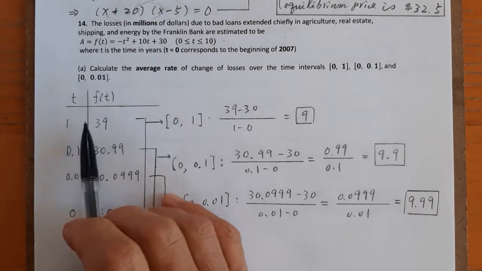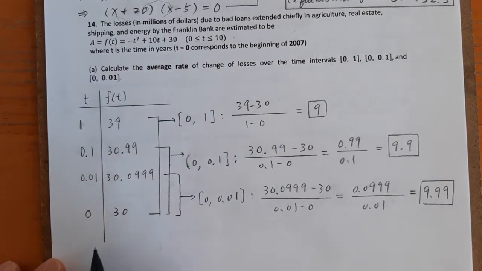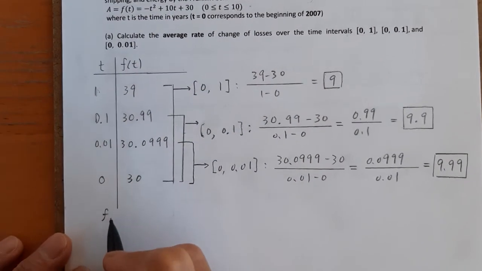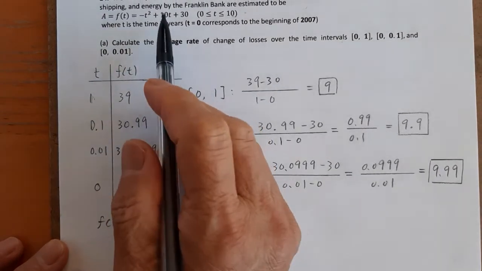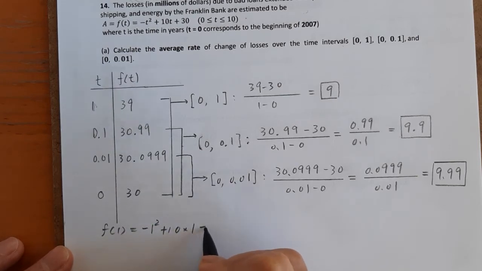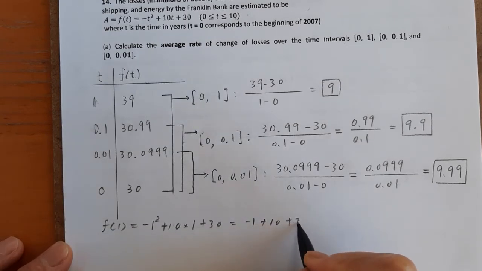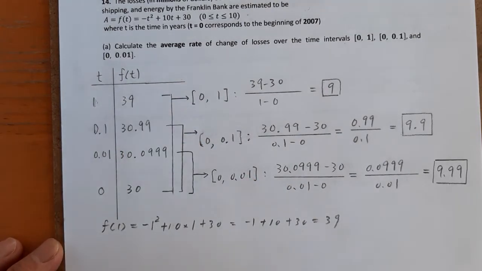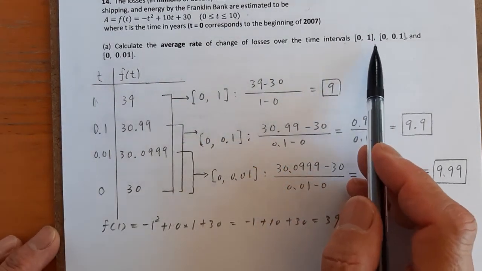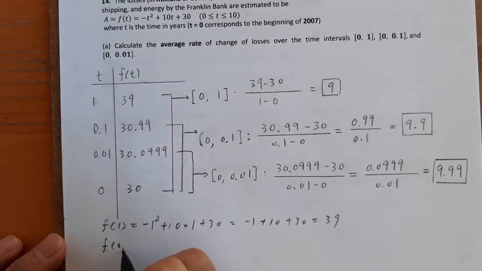So we have to figure out, when t equals 1, you plug it in. When t equals 1, you figure out f of 1 by plugging it into this function. So it's going to be negative 1 squared plus 10 times 1 plus 30. So it's negative 1 plus 10 plus 30. So it's 39. Then let's figure out when t equals 0.1. So we get f of 0.1.